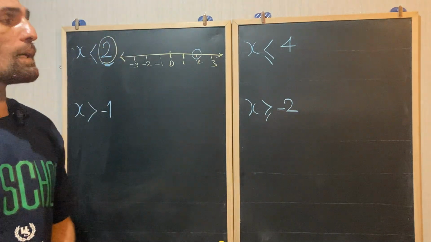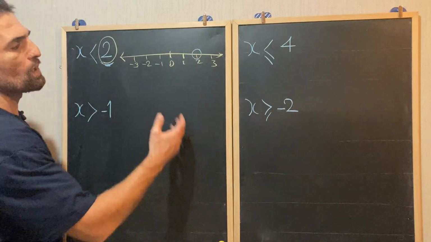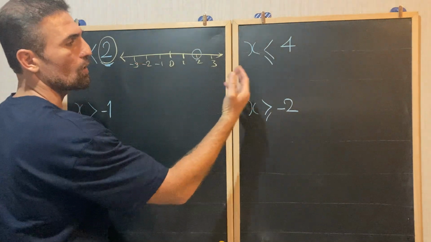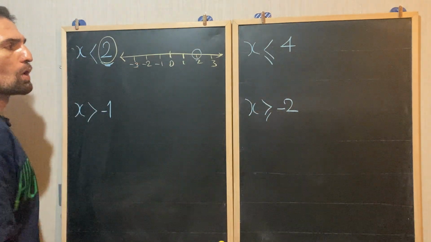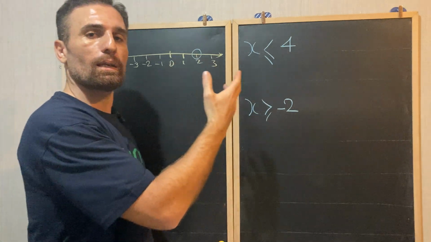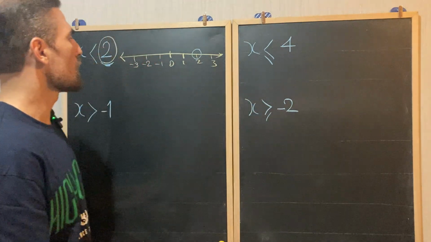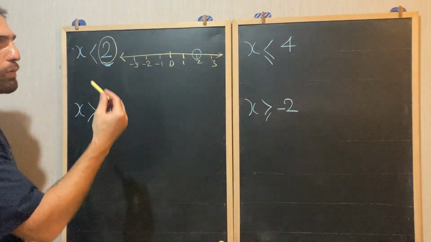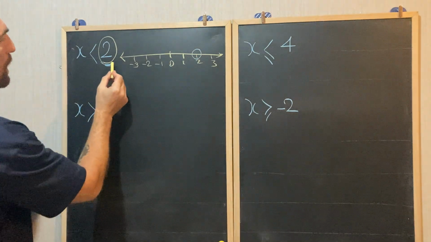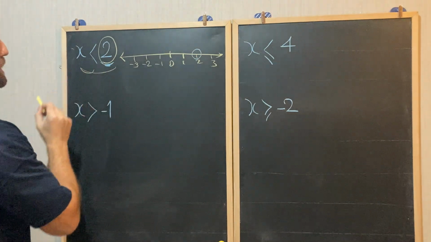But what is the next step? Should we shade the line on the right side or left side? Should we go to negative infinity or towards positive infinity? To find the answer, we need to come back one more time to this inequality.